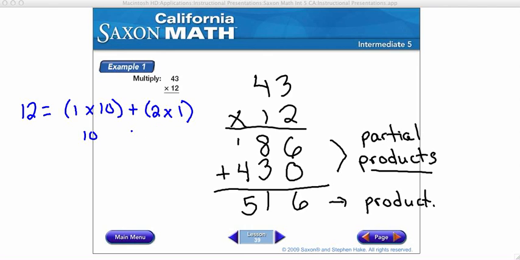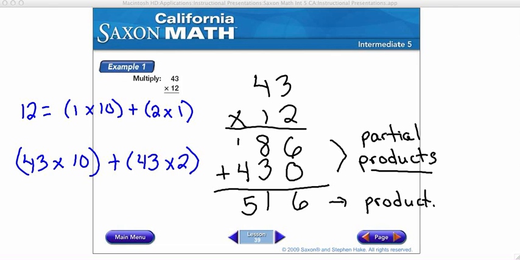I can say that this problem is 43 times 10 plus 43 times 2. I'm distributing this 43 into my expanded form.